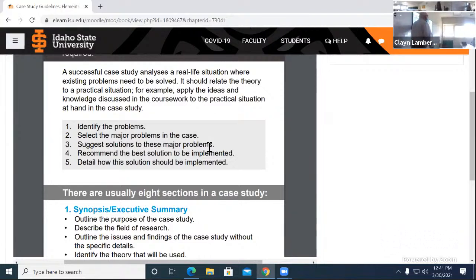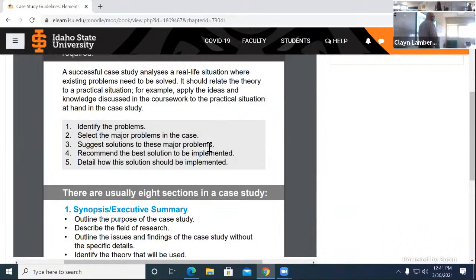So your first job is to identify all the problems and select the major one in your mind. Then suggest solutions to this problem. This is where you're going to identify different ethical models, and that's line number 3. Number 4, recommend the best solution. And I'm not going to worry about number 5.